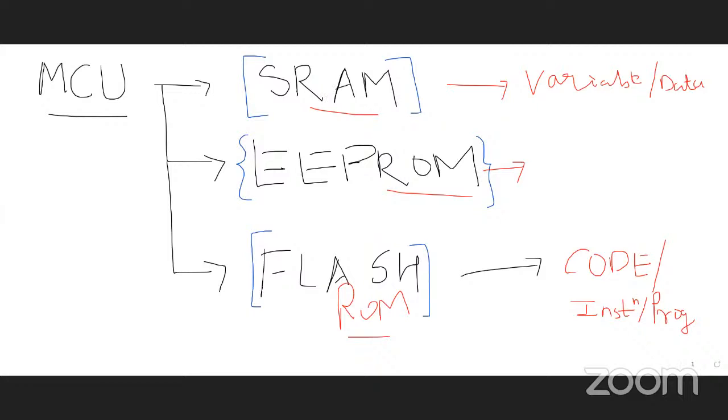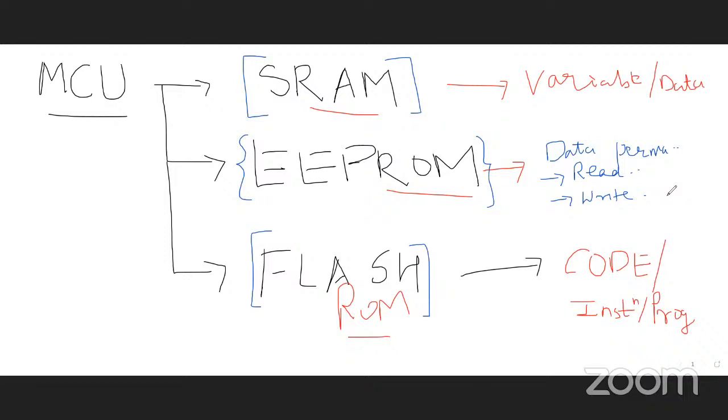EEPROM is specifically used to store some data permanently. When we store some data permanently, we can read the data as many times as we want, and we should write the data very, very sparingly.